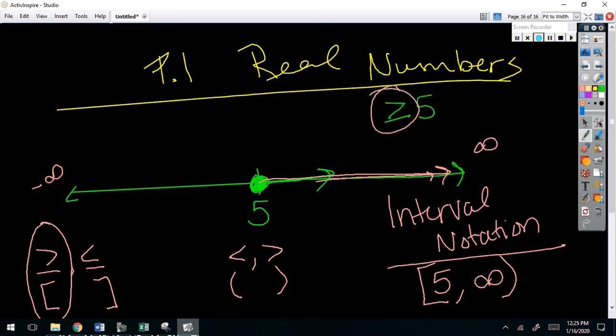Let me show you another. Let's say I told you that x is less than -2. How might I write that in interval notation? What's the smallest value? Always go smallest to biggest. So think about it on a number line. If this is -2, what's the smallest value that x can be?